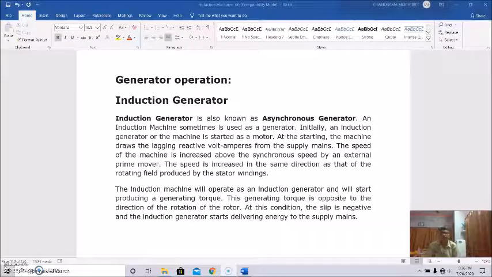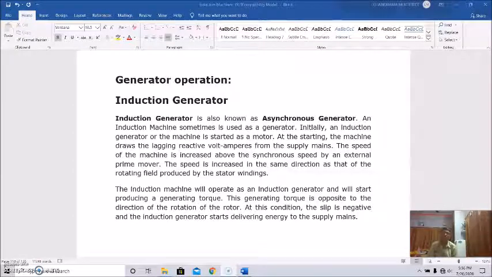As I told you, the induction generator is also known as an asynchronous generator, and an induction machine is sometimes used as a generator. Initially the induction machine is started as a motor, and at starting the machine draws lagging reactive volt ampere from the supply mains.